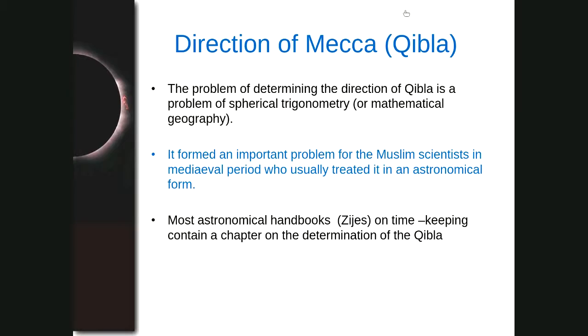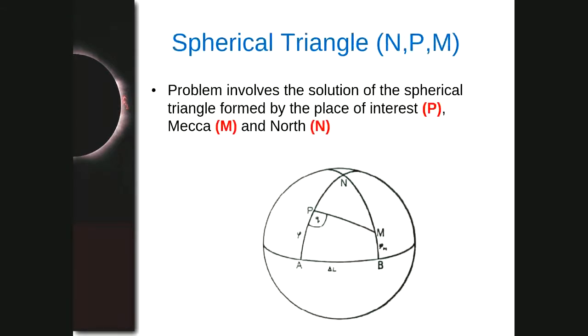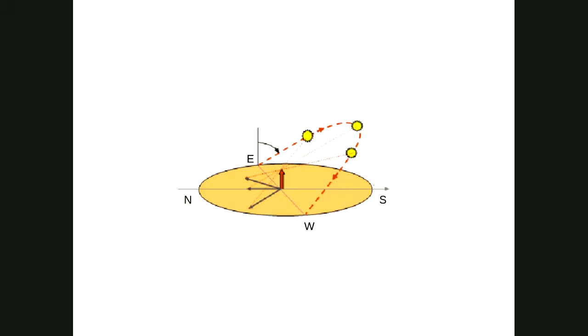Now, the other thing that you can use is to decide on the direction of the Qibla, where the Qibla is for you. Practically speaking, we know how the sun is moving. I told you that the sun comes from the east and goes toward the west, but it does that with this trajectory here.